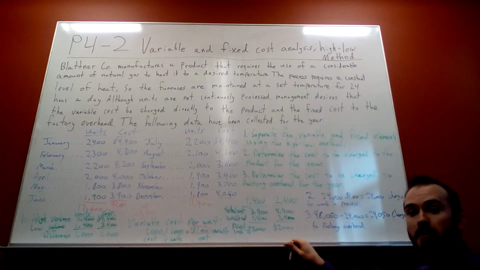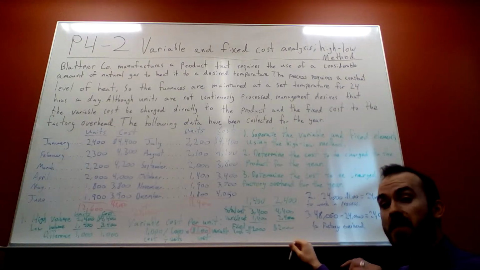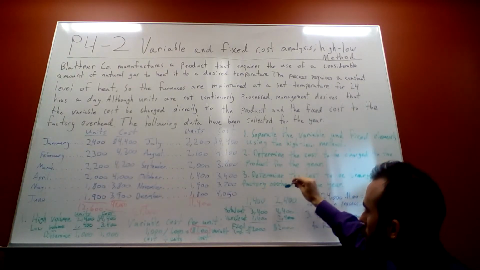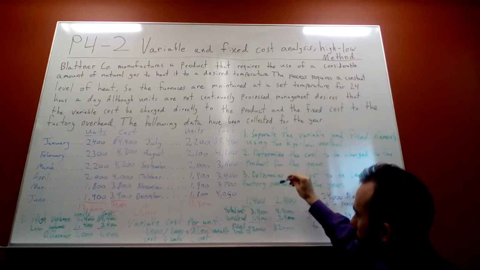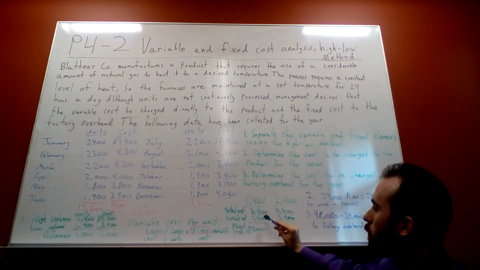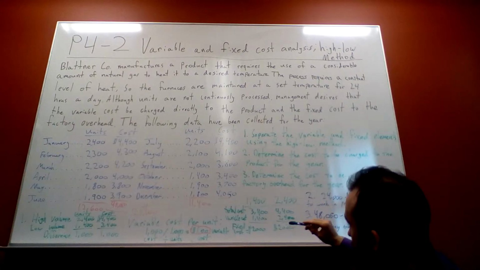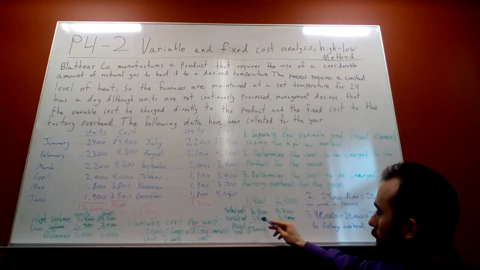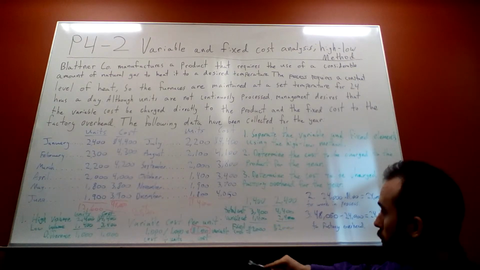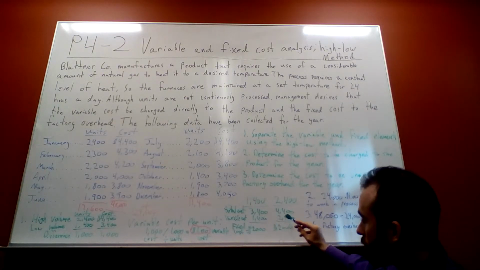Now that we know the variable cost, we can go ahead and figure out the fixed cost. I put it up here: this is the 1,400 units, this is the 2,400 units. October to January. Total cost for October was 3,400. Total cost for January was 4,400. Our variable cost, you take the dollar times the units. We got 1,400 for October, 2,400 for January.